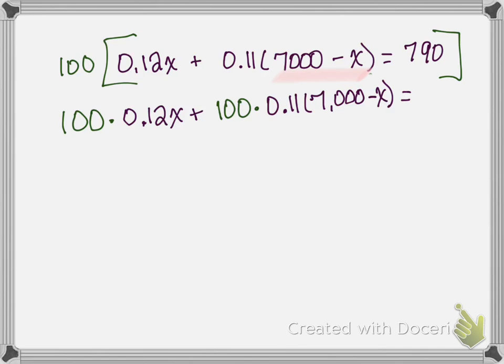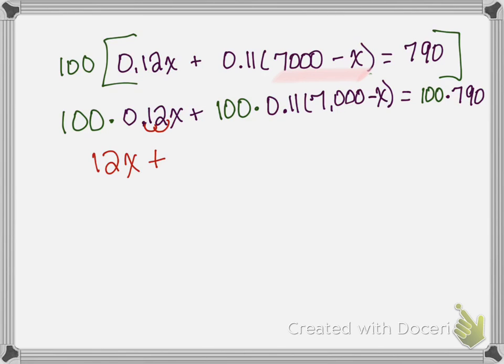Then I have 100 times 790. Okay. And again, those parentheses are where students get confused. Now the first one, 100 times 1200ths x, we're going to move that decimal 2 spots. So we're going to get 12x.